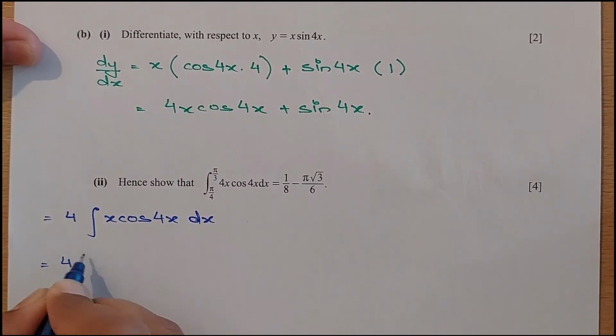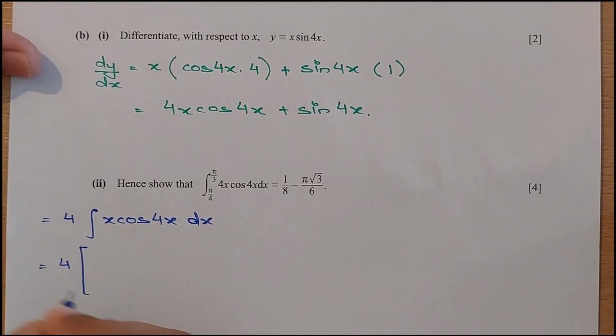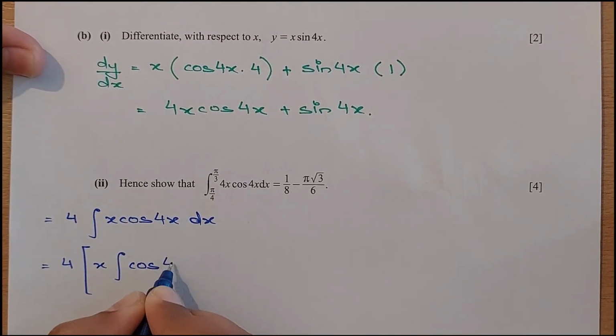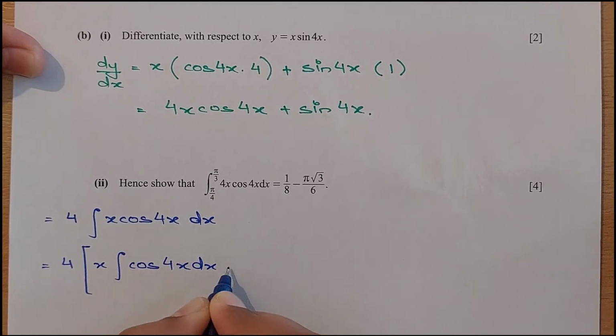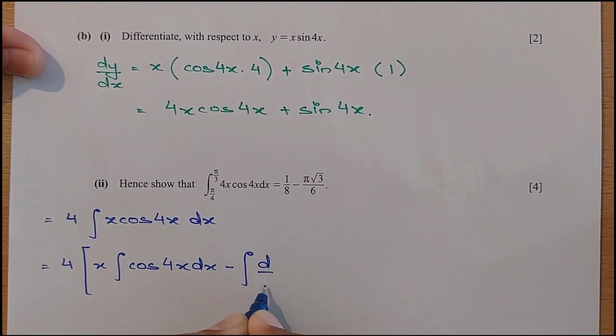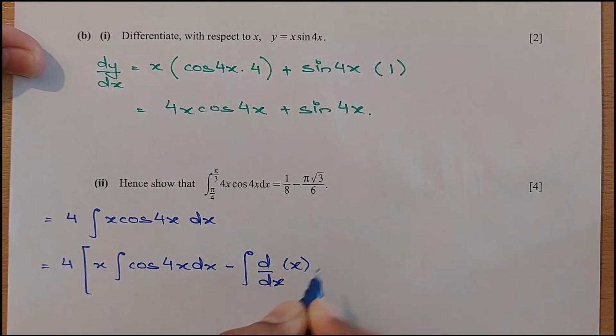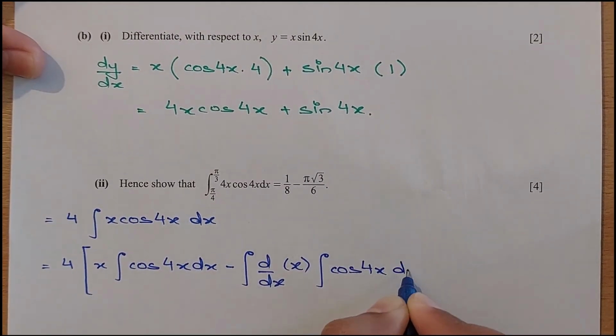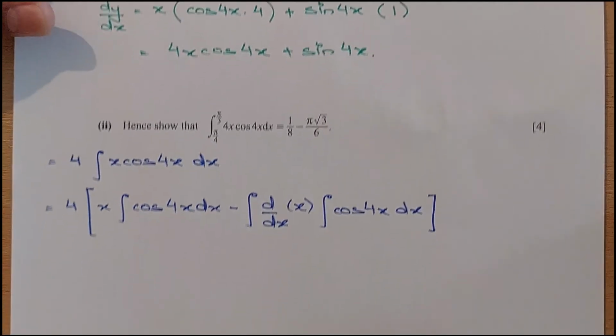So we have 4. The first function, let me take x as the first function because the derivative of x is just 1. So x is the first function, times the integration of the second function, minus the whole integration of the derivative of the first function times the integration of the second function, right?